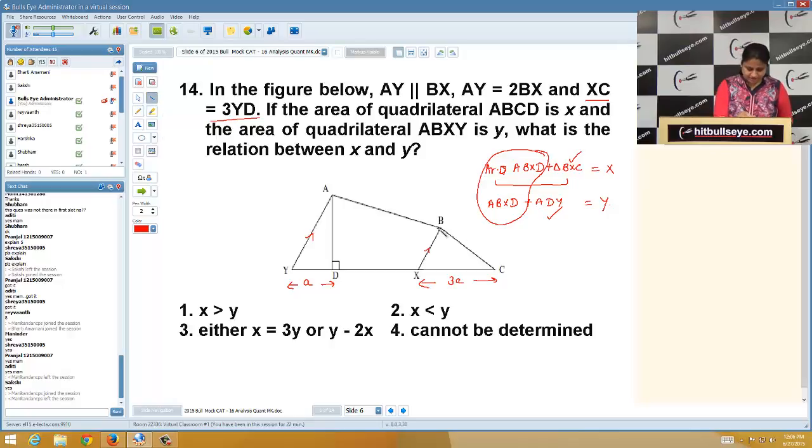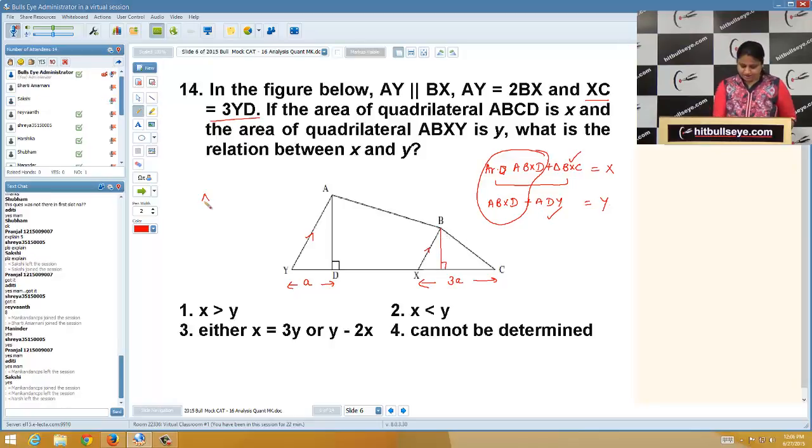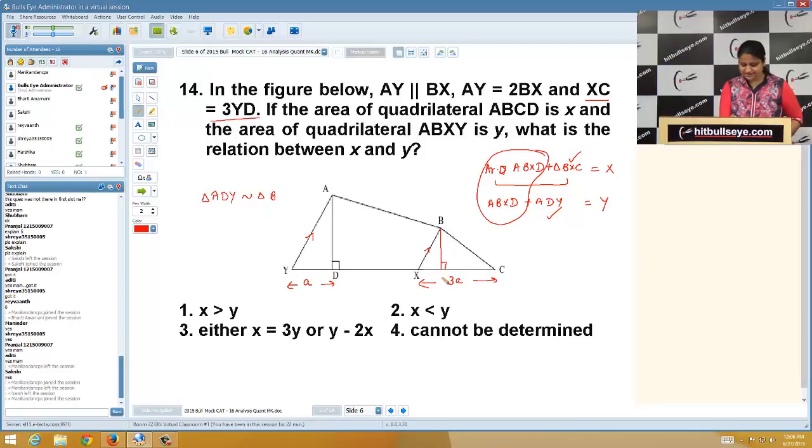Now, if we drop a perpendicular, we can take triangle ADY and triangle BXC. Let it be BXL. Can I say that these both triangles are similar? We can apply similarity here by taking AAA. These two triangles are similar. Why so? Because two angles are 90-90. Since we are getting parallel lines, these two angles are the same.